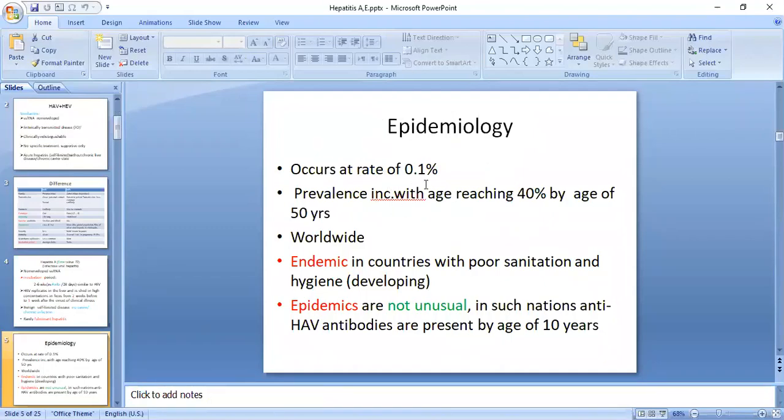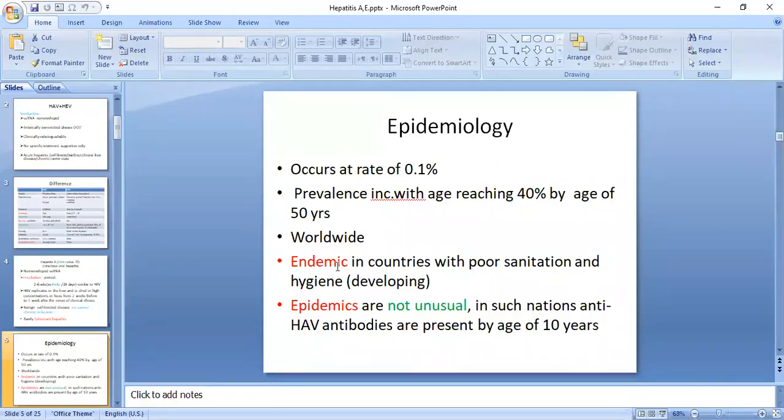The prevalence rate is lower. It is about 0.1%, and it increases as the age increases and reaches 40% by the age of 50 years. It is globally distributed. Epidemics and endemic areas are present globally.